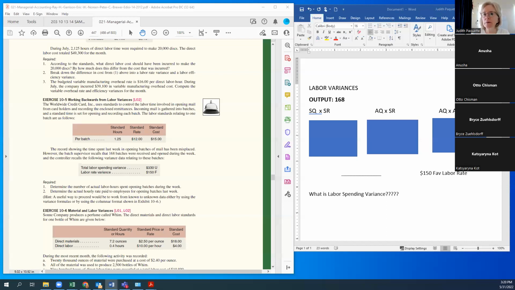We haven't really talked about this term. Labor spending variance is 330 and it's unfavorable. What is it? Labor rate, Zamzam, you're correct. Labor rate variance plus what?